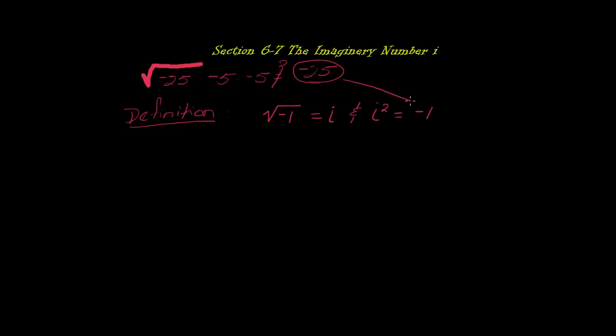So that ties in here, that when we take this imaginary number and square it, the result equals what we have inside the radical sign. Let me say that again. The square root of negative 1 is equal to i, such that i squared is equal to negative 1.